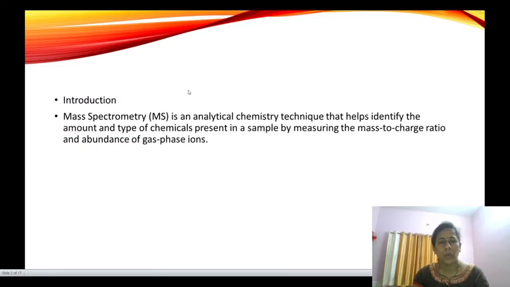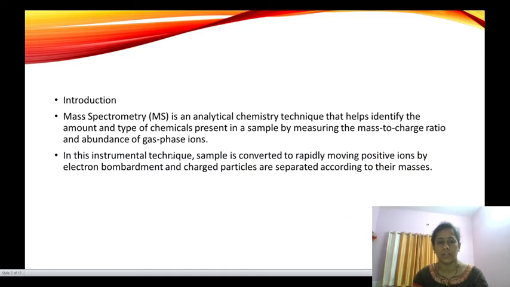In the first point, we are going to discuss what is mass spectroscopy. Mass spectroscopy (MS) is an analytical chemistry technique that helps to identify the amount and type of chemicals present in the sample by measuring the mass to charge ratio and relative abundance of gas phase ions.